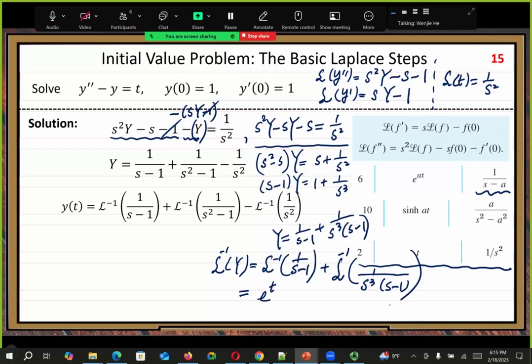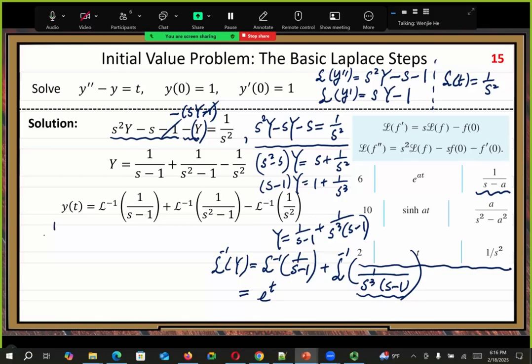Second term, a little hard. Okay? Second term a little hard. Let me show you this way. So we need to represent it.